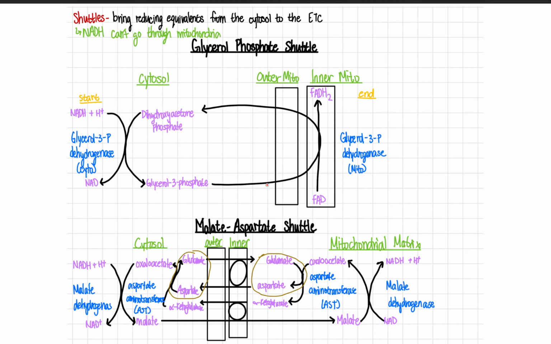G3P can cross that mitochondrial membrane, so it will come inside of the mitochondria, and G3P will get converted back to DHAP, and at the same time we have FAD going to FADH2 via the glycerol 3-phosphate dehydrogenase enzyme in the mitochondria. So NADH reducing equivalents from glycolysis are converted to FADH2 inside of the mitochondrial membrane.